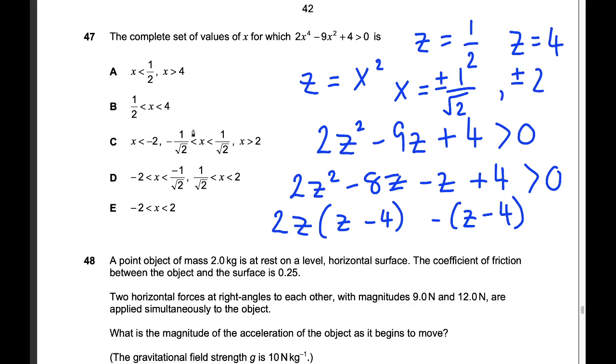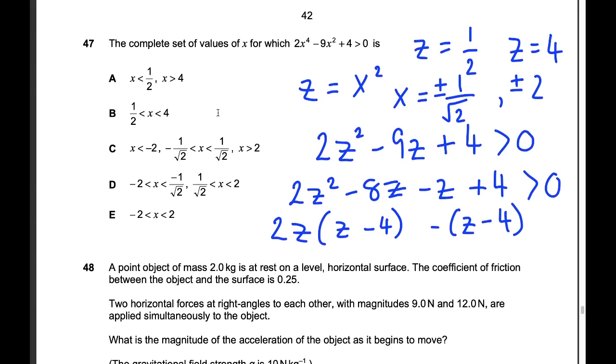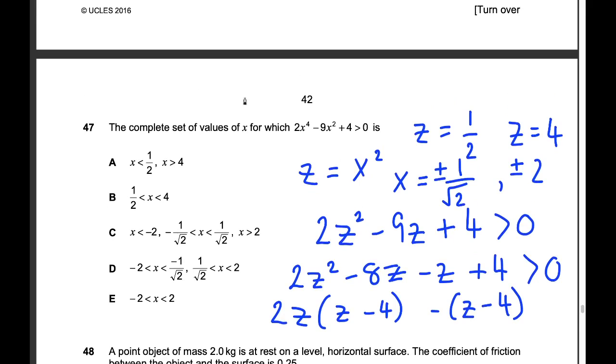Okay, so if we have a look at what that's going to look like, you have to be a bit careful that you know these areas that are underneath the curve. So it's going to be in between minus 2 and minus 1 over root 2. That will be one point where it goes below the axis.